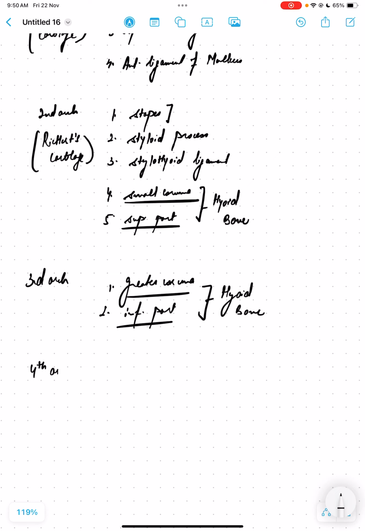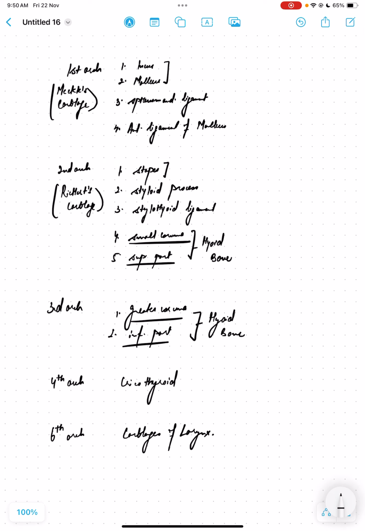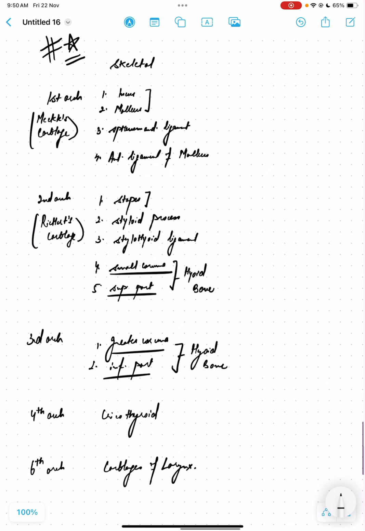From the fourth arch we get cricothyroid. Fifth arch is missing, so it is the sixth arch. We get cartilages of the larynx. Okay, so these are the skeletal derivatives involved in the first, second, third, fourth and sixth. Fifth is missing.